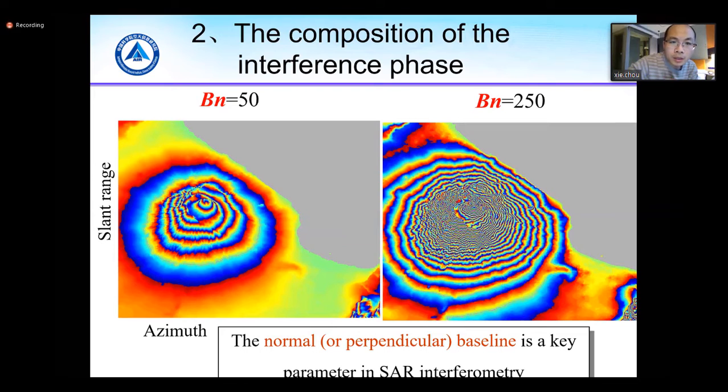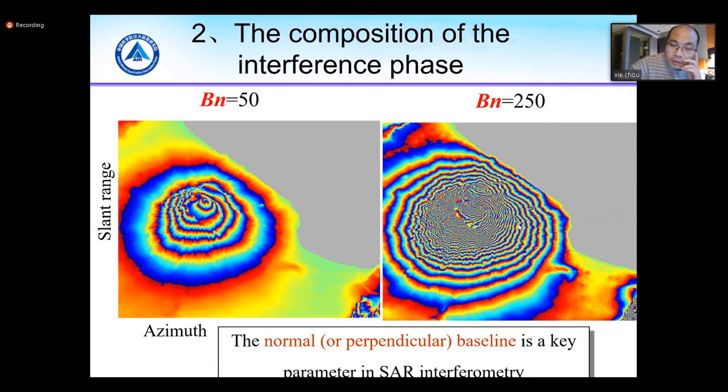When the perpendicular baseline equals 70 meters, the height of the mountain can be shown using seven cycles of fringes. So one cycle of fringe represents 200 meters.